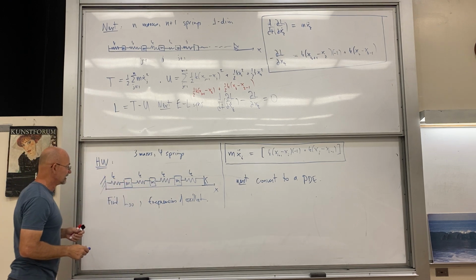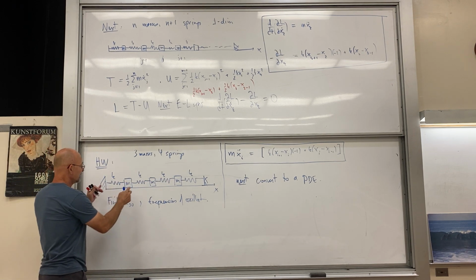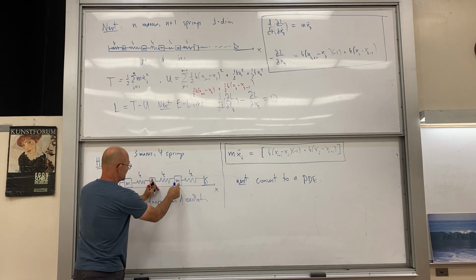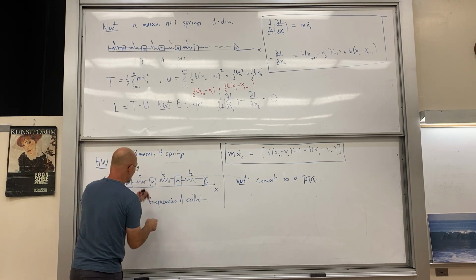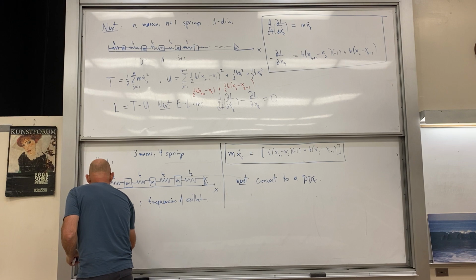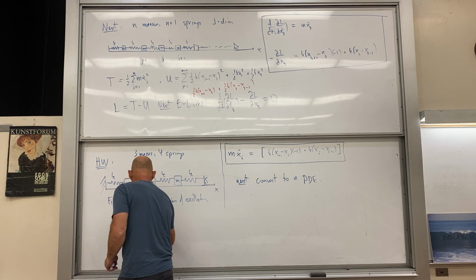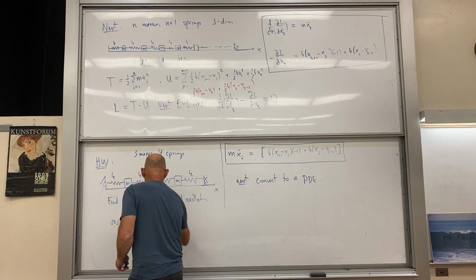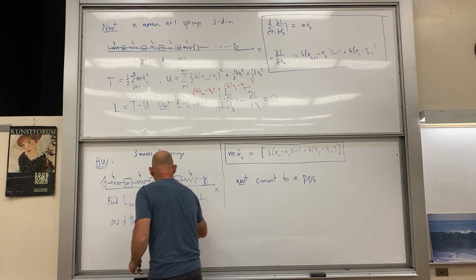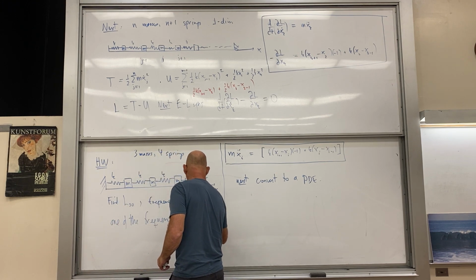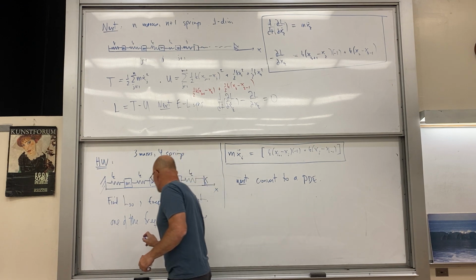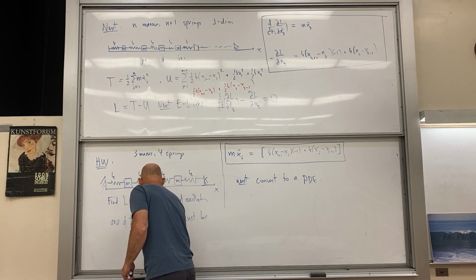Because then it would be 1 mass, 2 springs K. So one of the frequencies on physical grounds must be omega equals root 2k over m.